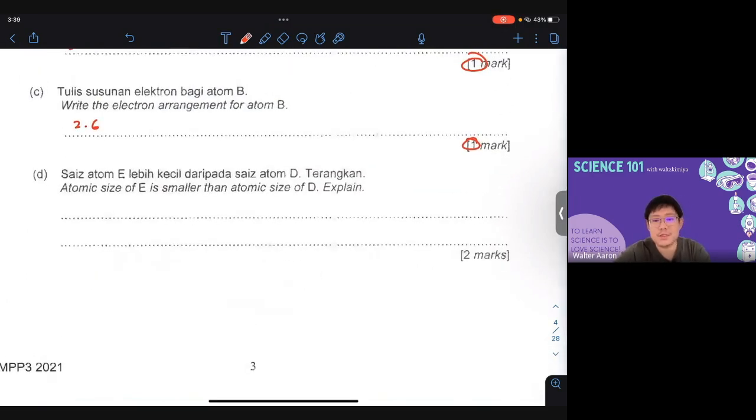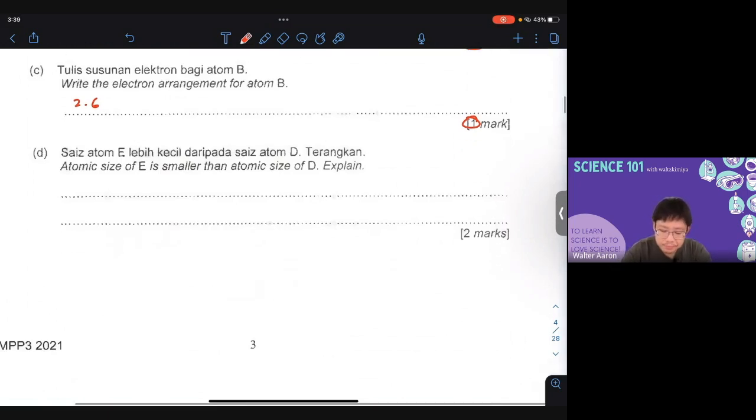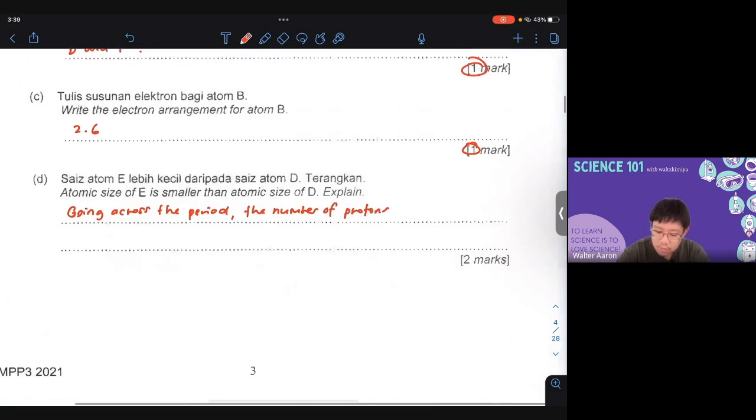Okay, but how are you going to answer this to get 2 marks in total? All right, so you say over here, going across the period, the number of protons in the nucleus of the atoms increases.